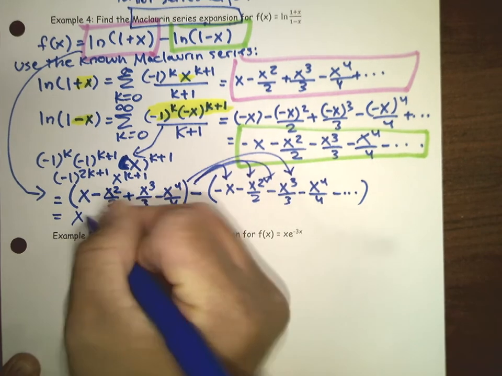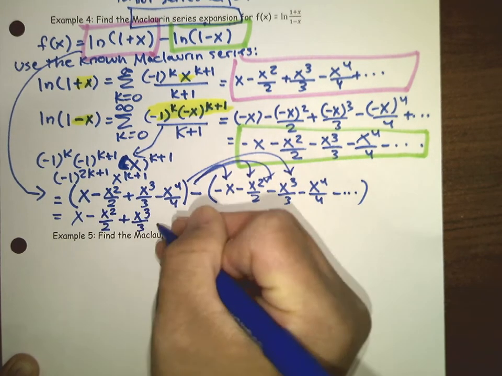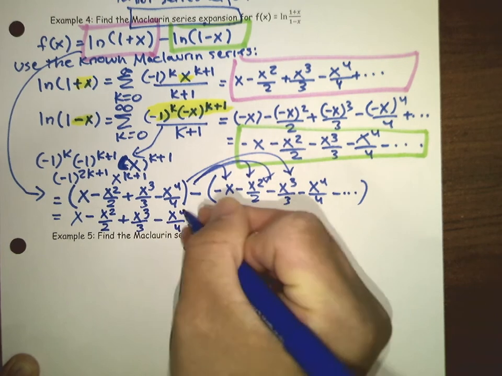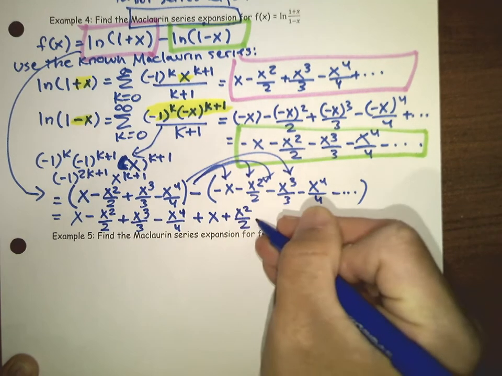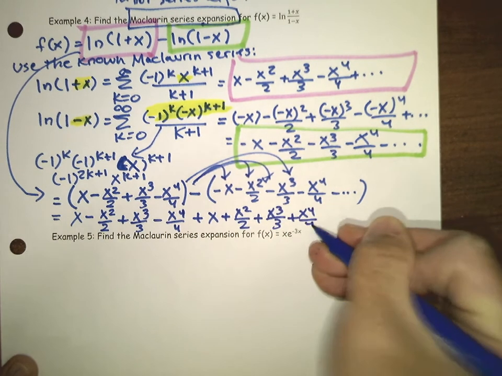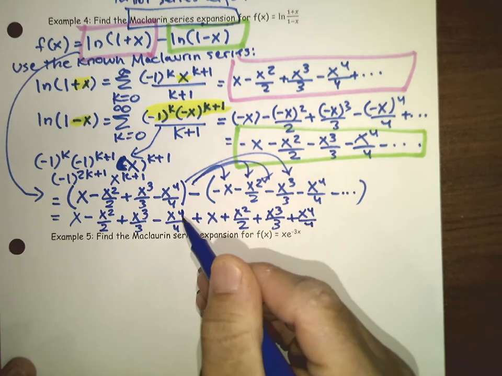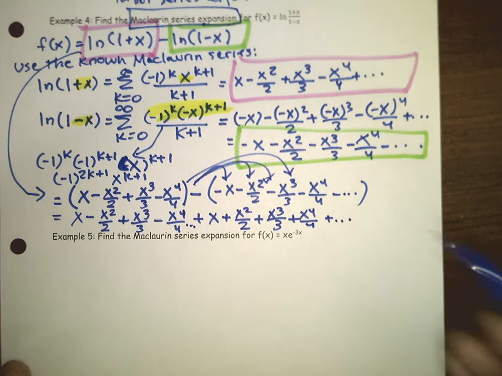So x minus x squared over 2 plus x cubed over 3, then minus x to the fourth over 4, plus x squared over 2, then plus x to the third over 3 plus x to the fourth over 4. All right, so this and then plus this.